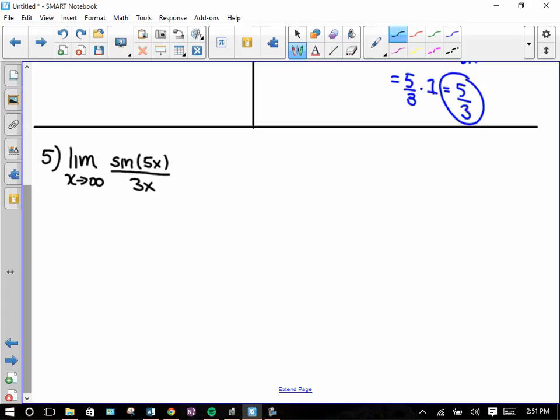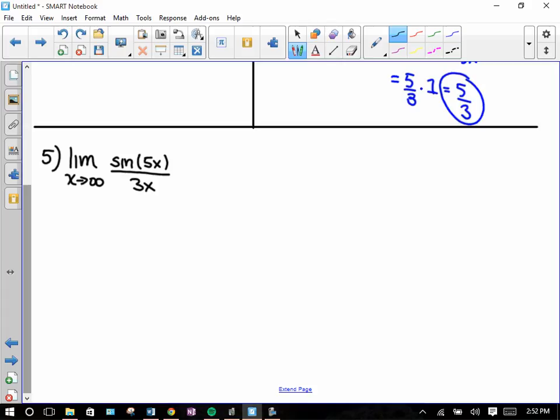When x approaches infinity, you're looking at what is my horizontal asymptote. Remember, if the degree in the numerator is larger than the degree in the denominator, there's no horizontal asymptote, so you're going to have to think about something else. If the degree in the numerator is less than the degree in the denominator, your horizontal asymptote is y equals 0, therefore your limit is 0. If the degrees are equal, it is the leading coefficients of the numerator and denominator, and then you just divide them.